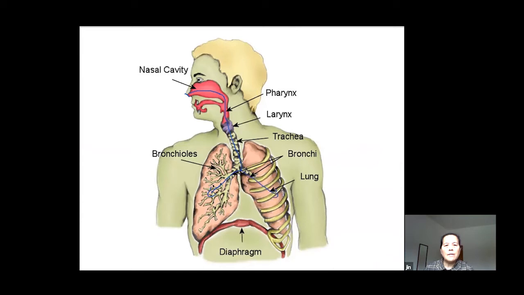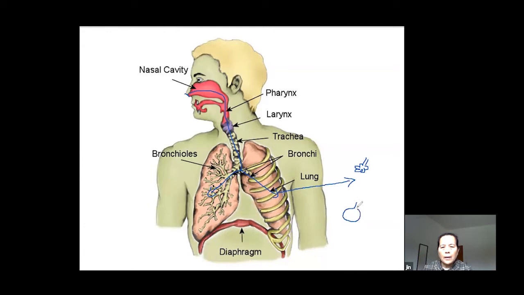Second step happens inside the lung. Inside the lung we have a lot of small balls we call alveoli. I make an enlargement here.